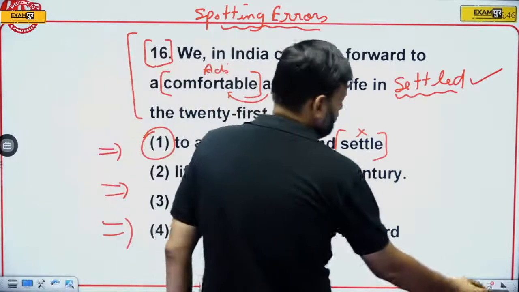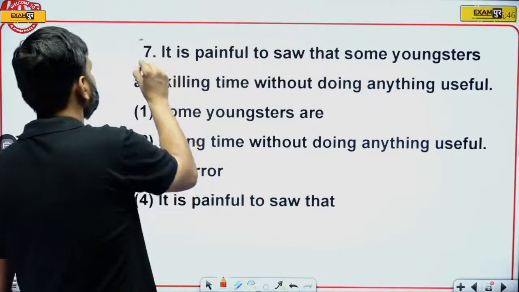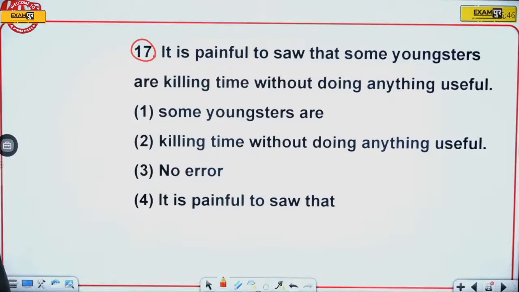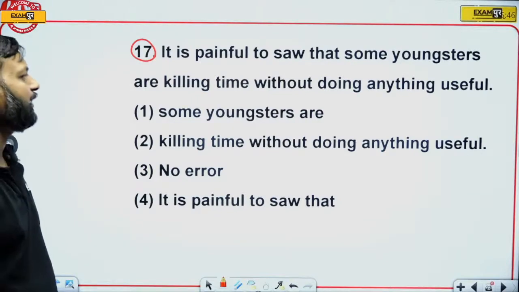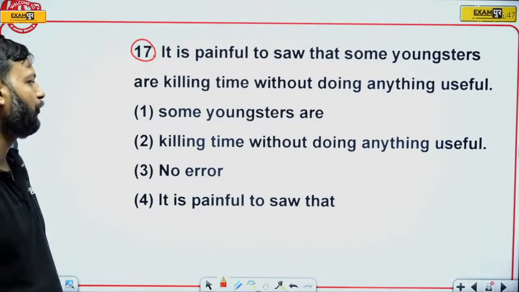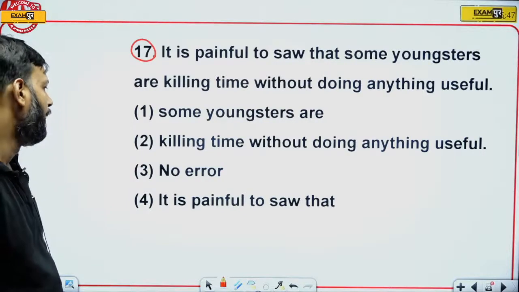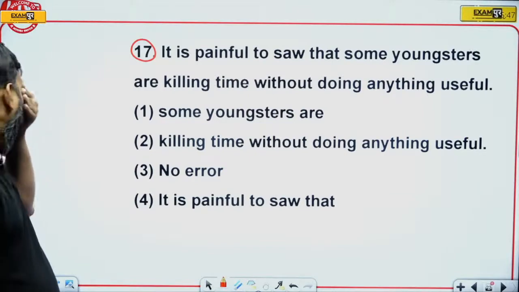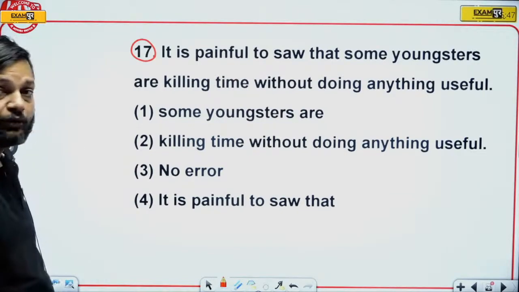Now the next question, question number 17. It is painful to saw that some youngsters are killing time without doing anything useful. This is a very easy question.